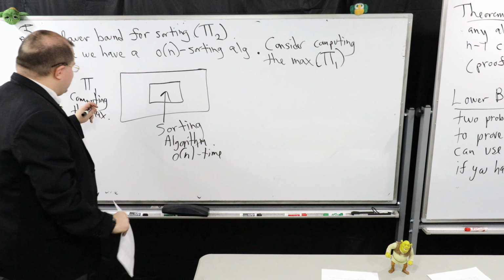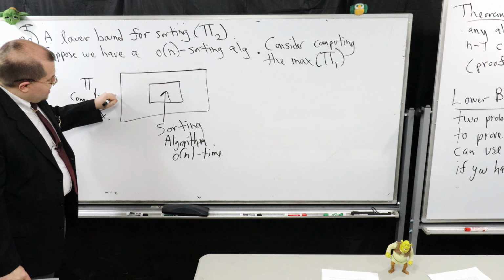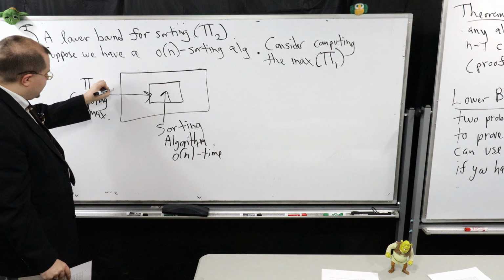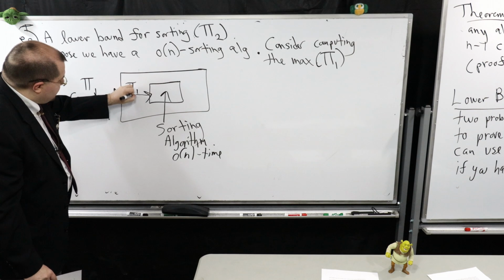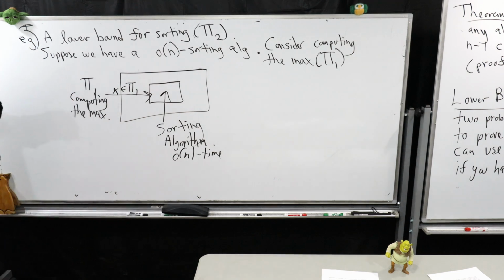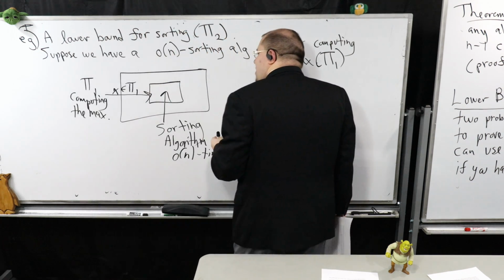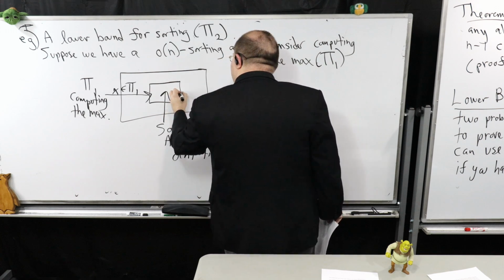So I have an idea. If I give you an instance, called x, an instance of Pi 1, I'm going to give that over to my sorting algorithm, and it's going to sort the array.